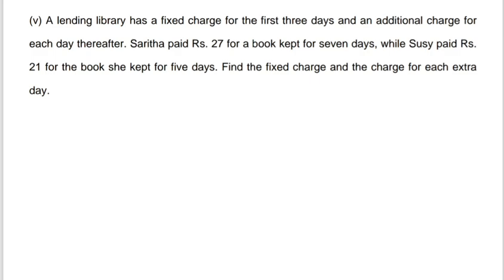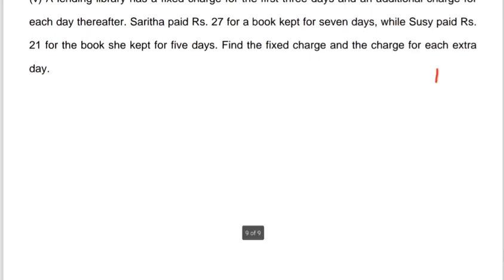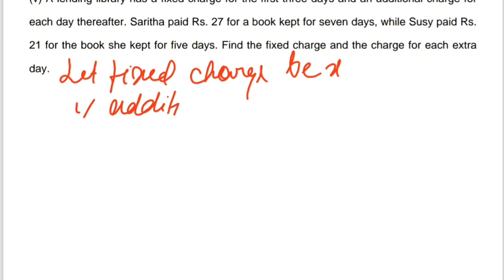So this question is similar to the previous exercise, the second exercise, third sum, fifth subdivision. So let's assume the fixed charge be x, and let the additional charges be y.